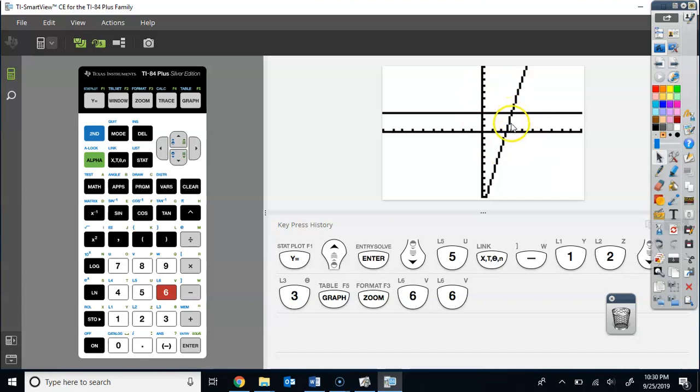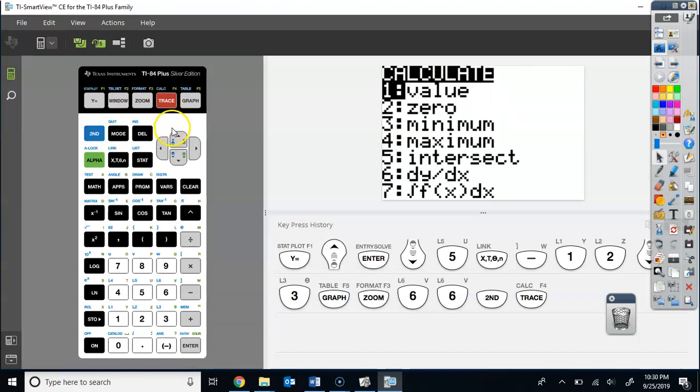So there is a neat little tool that you can use. If you look right above this word, trace, you'll see calc. If you hit the second button and then the trace button to go to the calc screen, you'll notice on number 5 it says intersect.